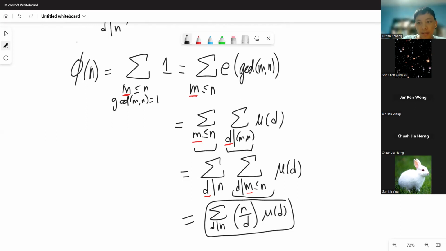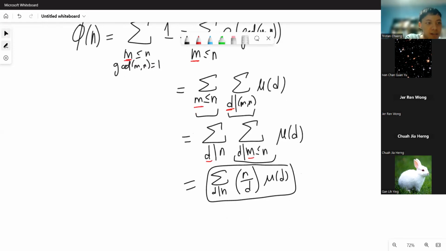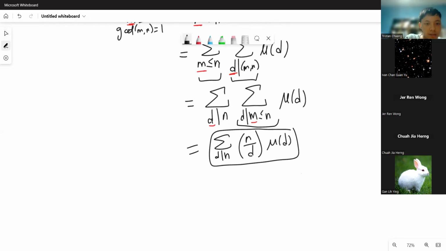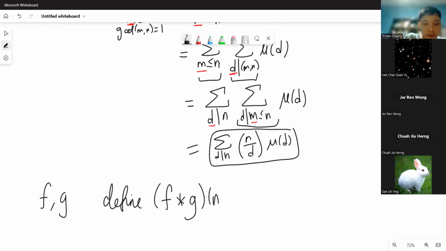So if that's clear, let's just write this in a nicer way. I will define this thing. So given two functions f and g, I define f star g. So this is called the convolution of f and g, of n, to be the sum of f of n over d, times g of d.